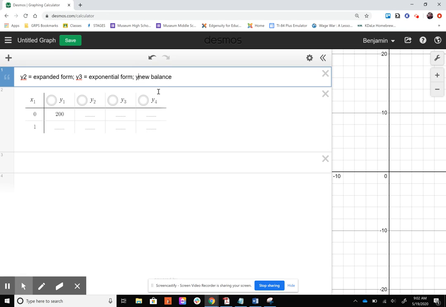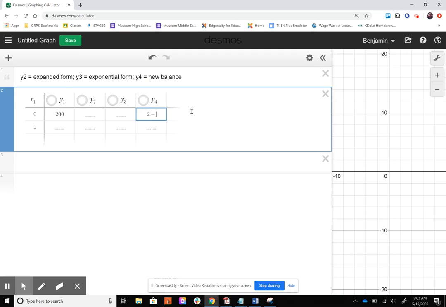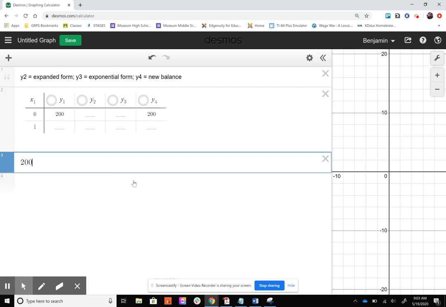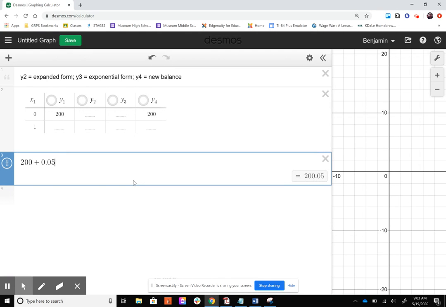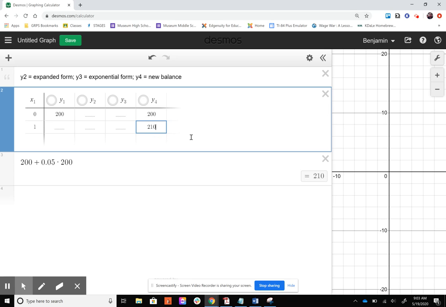All right, so $200 becomes $200. Nothing happens there. So then after a year, we're going to have $200 plus 5% of that. 5% times 200. So that means that our new balance is $210.